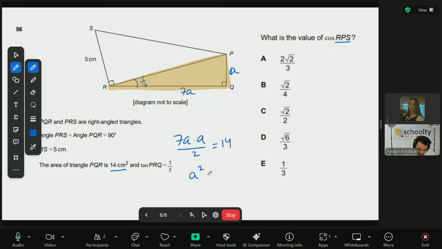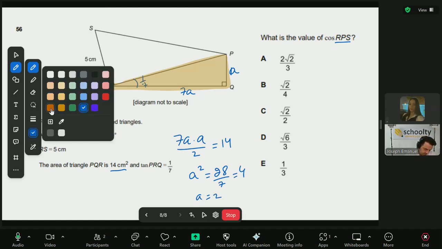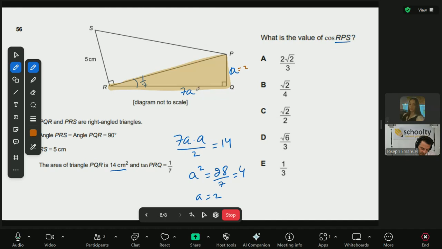So a squared equals 28 divided by 7, which is just 4. So a equals 2. So we can write here that this is 2 and this is 14.